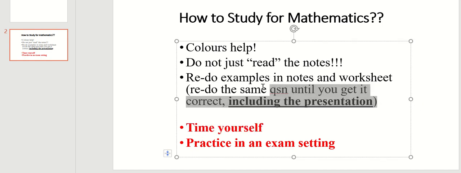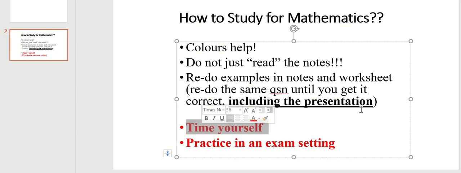Once you are familiar, once you have enough confidence, you realize that, okay, I'm getting the answers exactly what I copied down in the notes, then you should go ahead and time yourself. Force yourself to do a few questions within say 5 minutes.